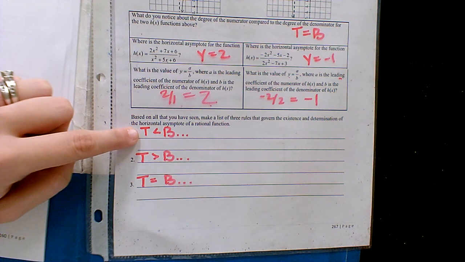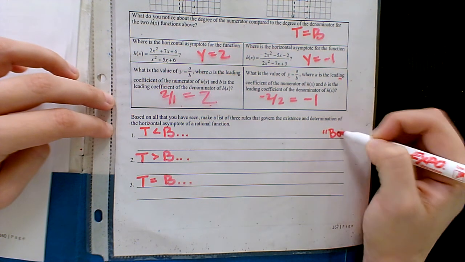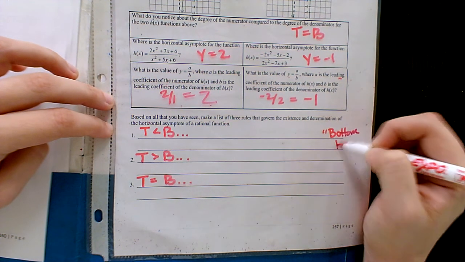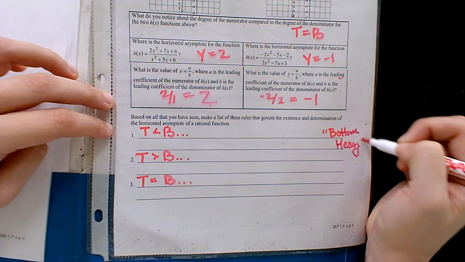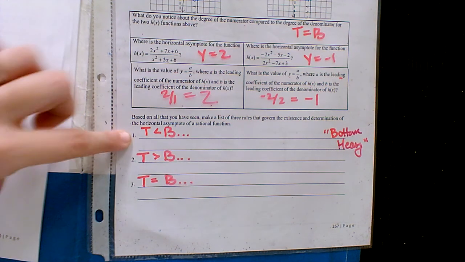If the top degree is less than the bottom, sometimes you might hear me refer to this as bottom heavy, meaning the bottom has a higher degree. That's a little easier than saying the top degree is less than the bottom. Just say bottom heavy. What do we think?